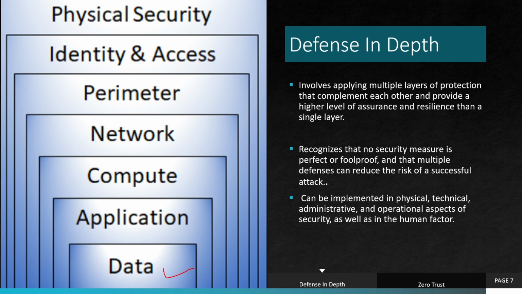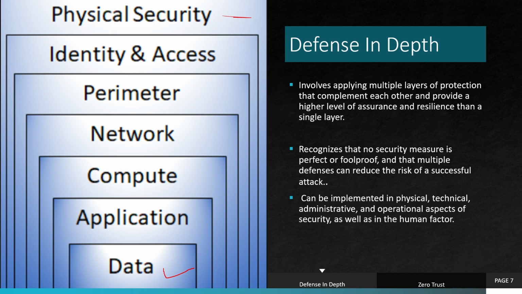So the defense in-depth recognizes that no security measure is perfect or foolproof, and that multiple defenses can reduce the risk of successful attacks. So it can be implemented starting from the physical layer here down all the way.